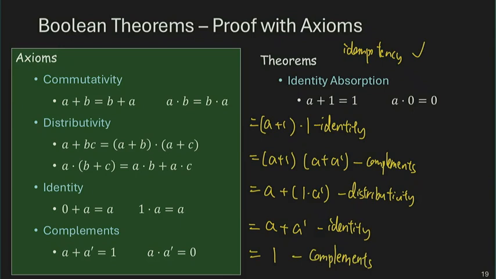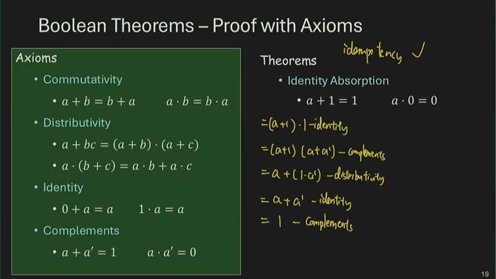Again, this sequence of primitive proofs allows you to prove the theorems based on the axioms. So on the right-hand side, we essentially apply the same sequence of axioms, but use the other one. Every axiom has two different equations. We use the other equation. So A dot 0 will be A dot 0.